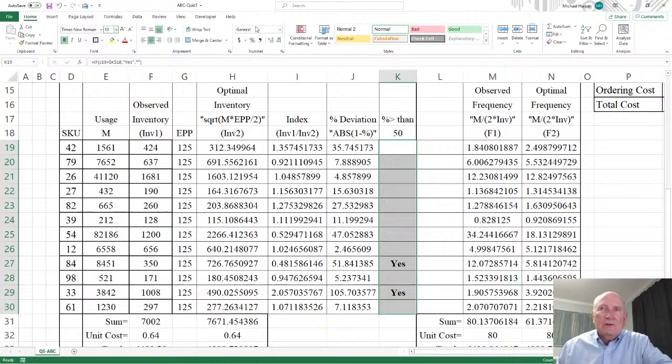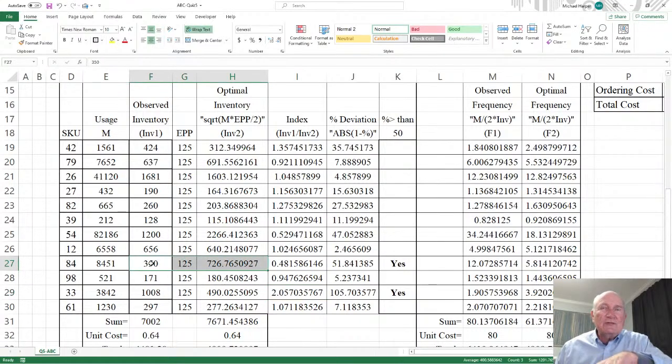And so how do you know? Well, this one right here has an index of less than 1. This has an index of much greater than 1. So what we have here is that the inventory here is much less than what it should be. And this inventory is much more than what it should be, okay, because of the indexes.